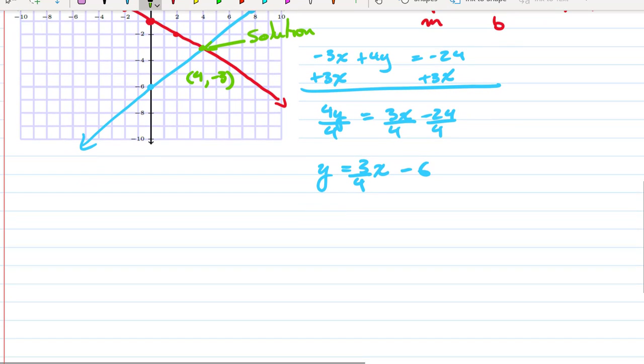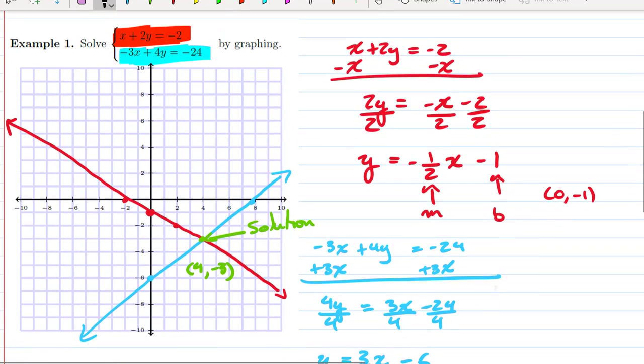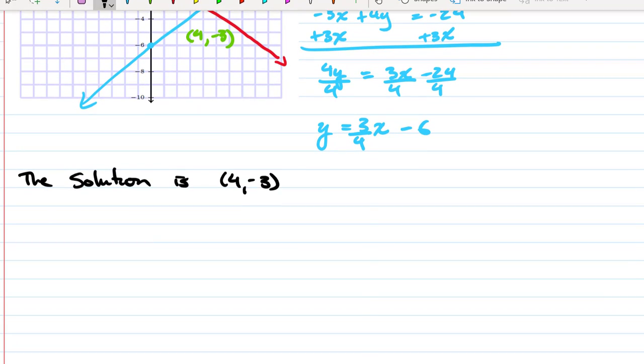So the solution is 4, negative 3. We can verify this algebraically by plugging the solution back into the original equations. So I had x plus 2y equals negative 2.